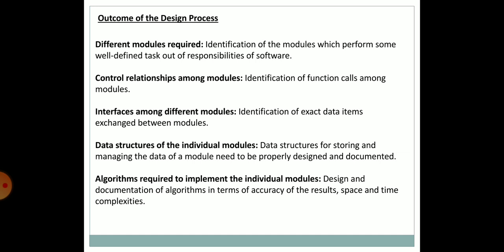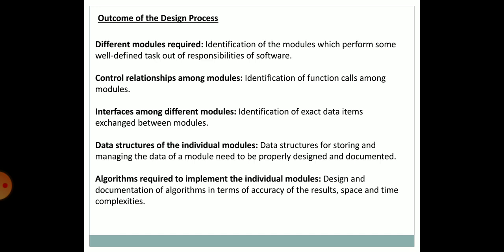The design document should specify all the function calls made by each individual function. The function call represents the control relationship among the modules. So all the function calls in a software should be analyzed and specified in the design document.